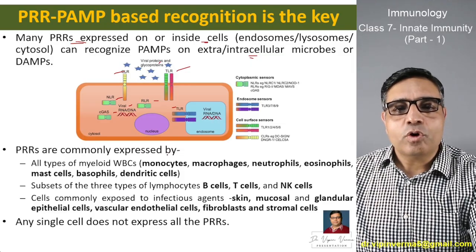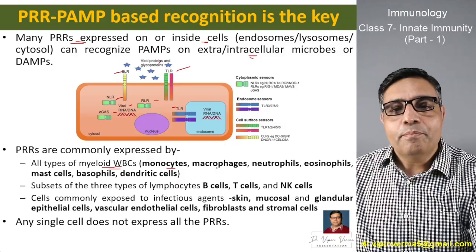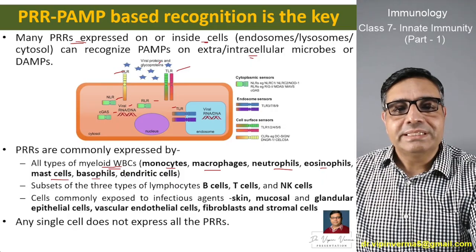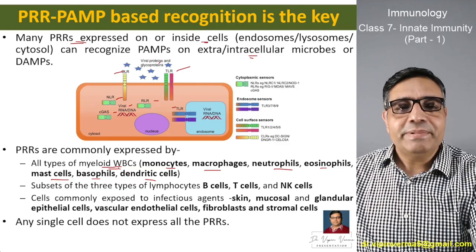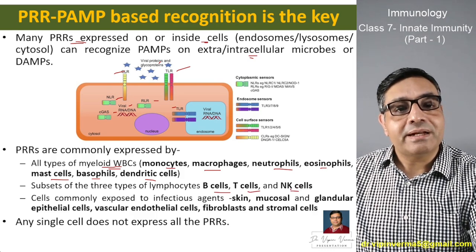PRRs are commonly expressed by all types of myeloid WBCs, like monocytes, macrophages, neutrophils, eosinophils, mast cells, basophils, and dendritic cells. They all express these PRRs. Then we have subsets of lymphocytes like B cells, T cells, and NK cells. They also express the PRRs.